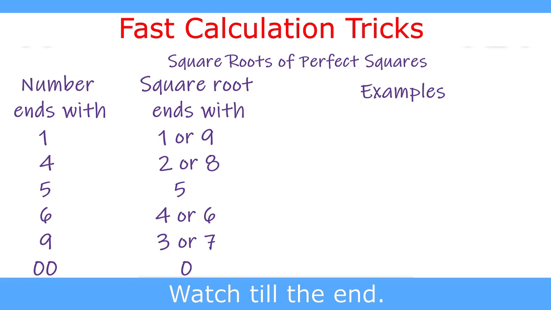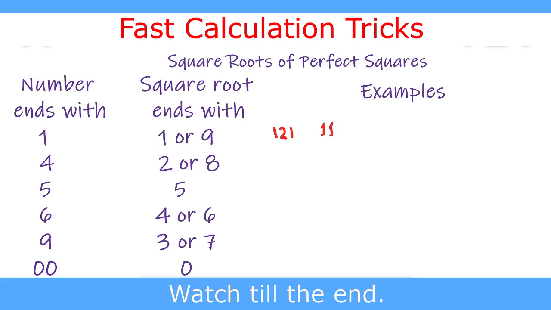A number which is a perfect square and ends with an even number of zeros, then its square root ends with 0. We will see it by some examples. 121 is a perfect square. It ends with 1, so the square root must end with either 1 or 9. And we know that 121 is the square of 11. So 11 also ends with 1.